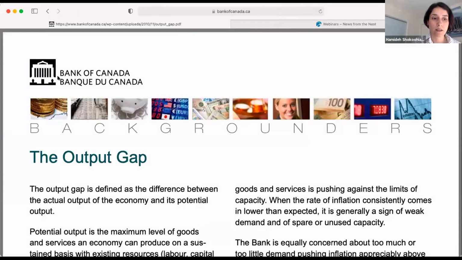I should say that my students, before the lecture on monetary policy, are familiar with the concept of output gap. So this part is something for them to remember from the previous sessions.